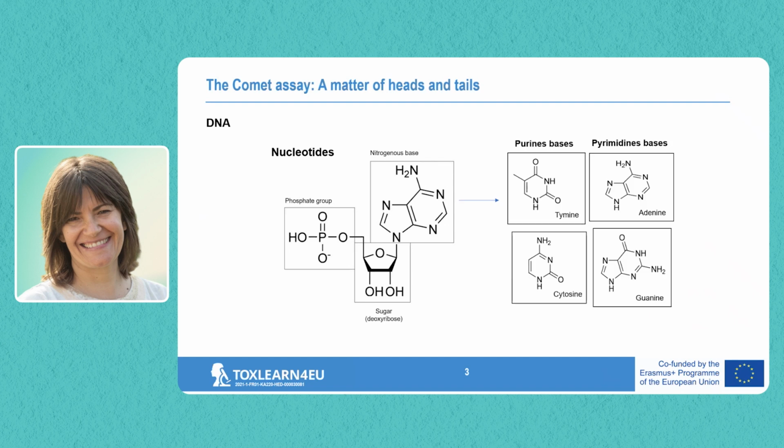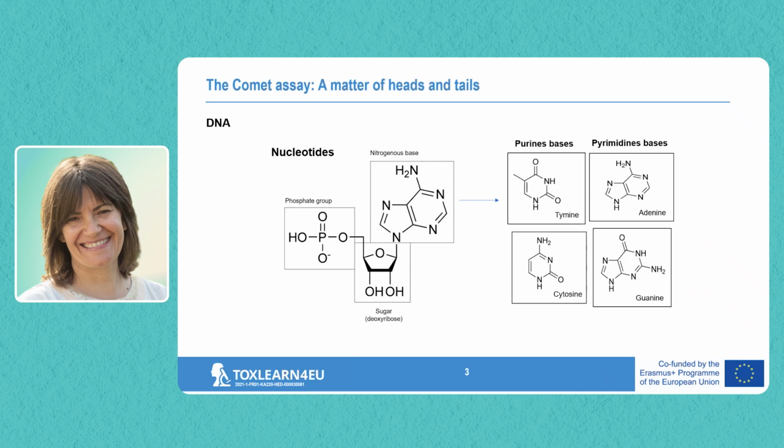But we have 4 different types of bases. We can have purine bases, which are thymine and cytosine, and we have pyrimidine bases that are adenine and guanine.